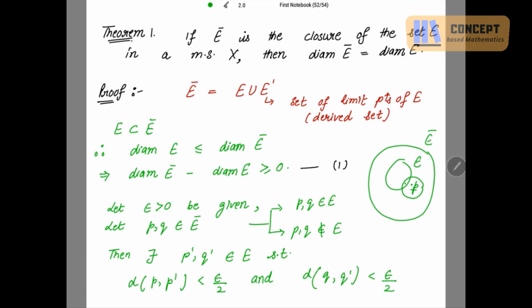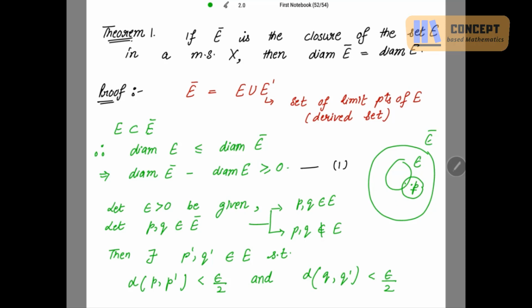That means the distance between the points of E bar and E can also be less than epsilon by 2, right? We can take in both the cases their distances to be less than epsilon by 2 or any epsilon. We can manage both the cases. Don't confuse with that.